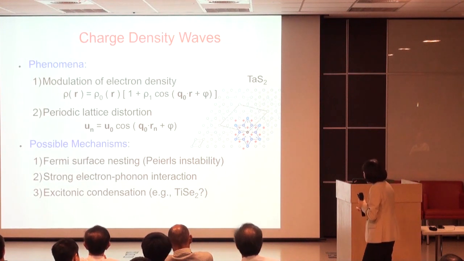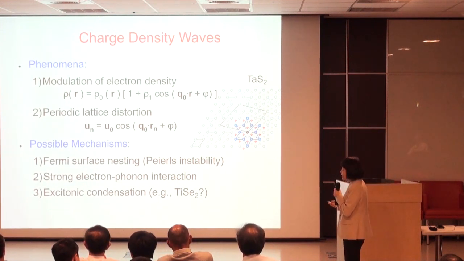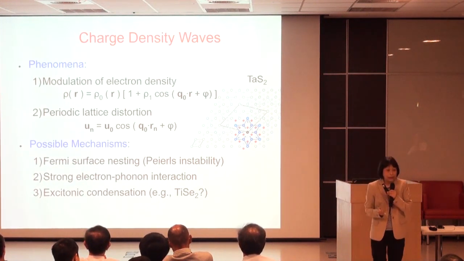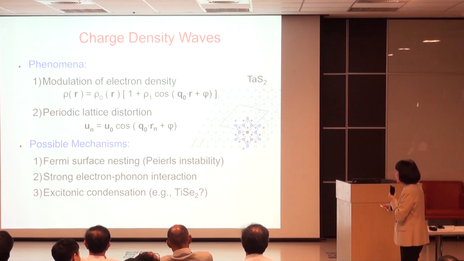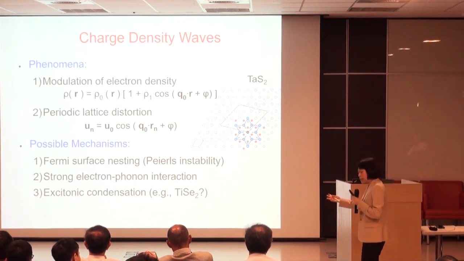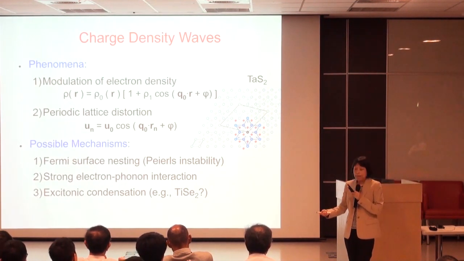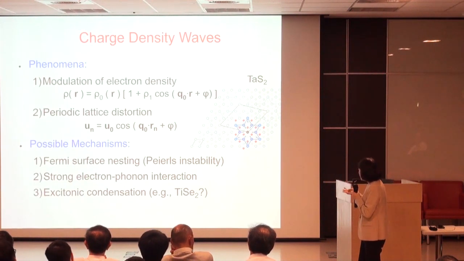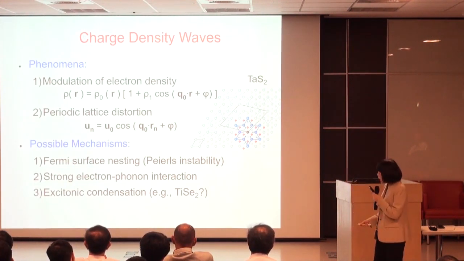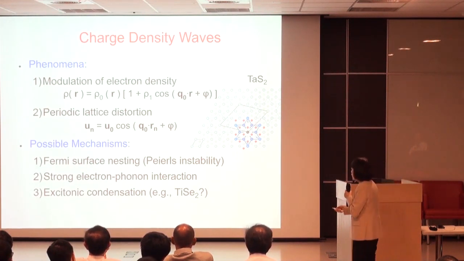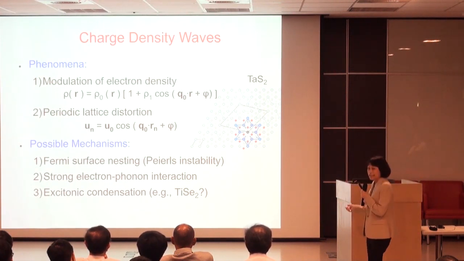So one interesting aspect, again, this is physics, is the so-called charge density waves, normally in the layered compounds. We know that a crystal must be periodic, but for those systems, in the ground state, at low temperature, you're going to see spontaneous distortion of the lattice and a modulation of the electron density.